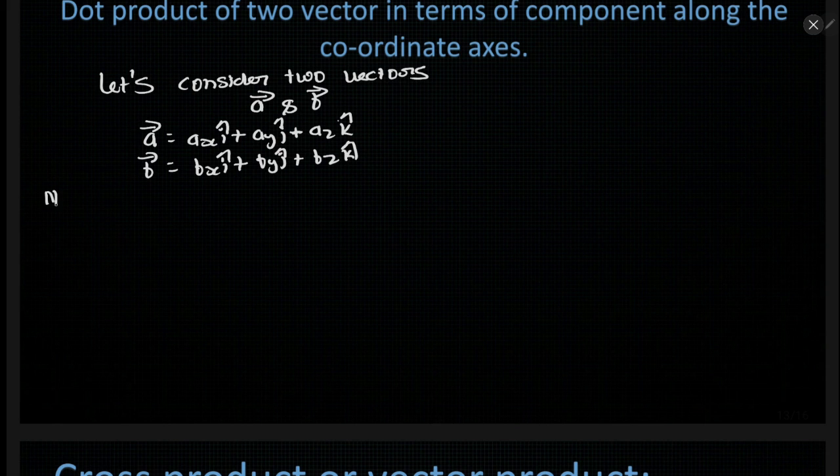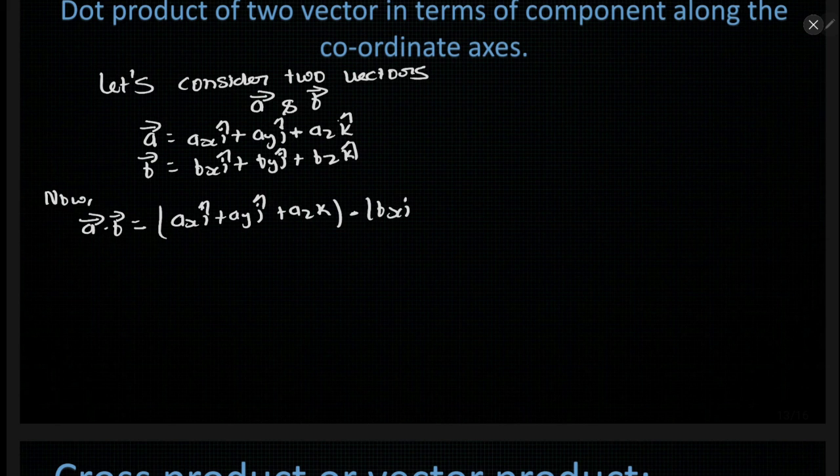Now we have vector A dot vector B is equal to (AX i plus AY j plus AZ k) dot (BX i plus BY j plus BZ k).